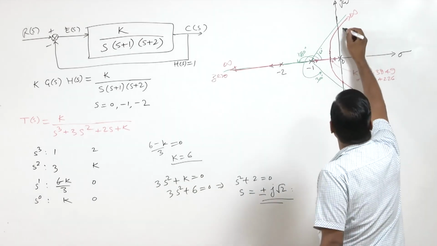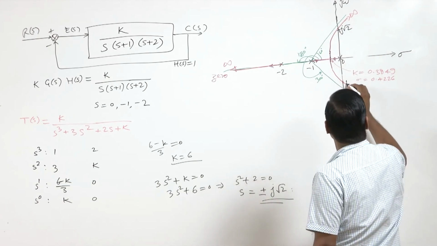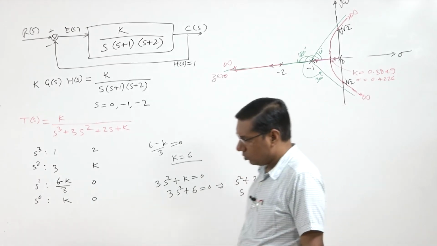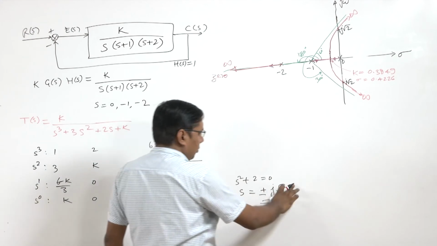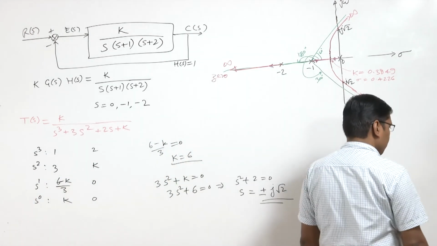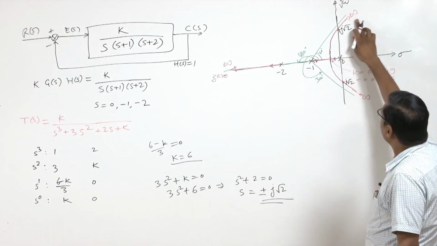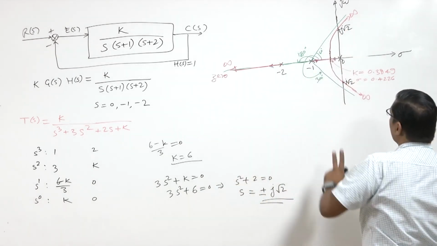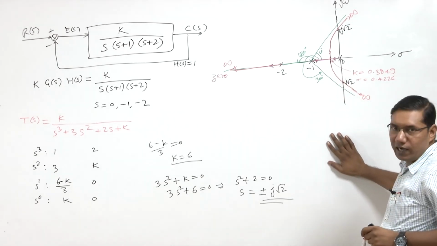So, here is j root 2 and this is minus j root 2. So, at 1.41 it is cutting this j omega axis. So, we have plotted this root locus by using the rules that we discussed.